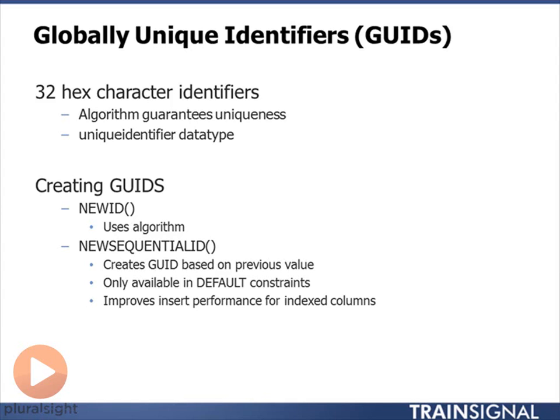Now, the reason for this is because when you create a brand new GUID, that GUID is going to have potentially or essentially a random set of characters, so it could wind up needing to be stored anywhere inside of an index. By utilizing NEWSEQUENTIALID, if my column is indexed, it'll make inserts that much faster because we'll always go at the end of the line.